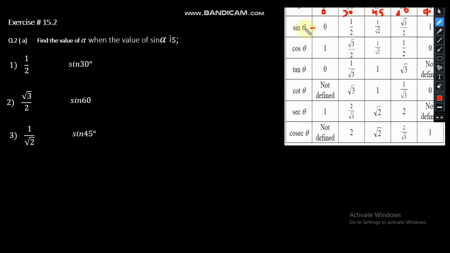Now sine theta is actually 1 divided by 2, where 1 divided by 2 is here, and sine 30 is equal to 30 degree. Now question number 2: root 3 divided by 2 is equal to sine 60 degree.